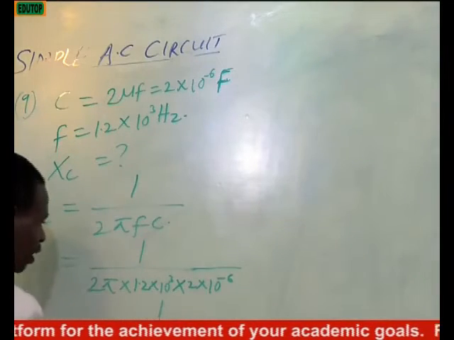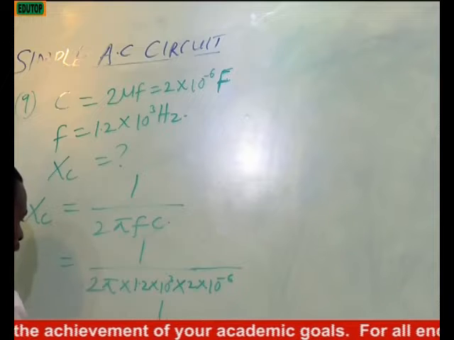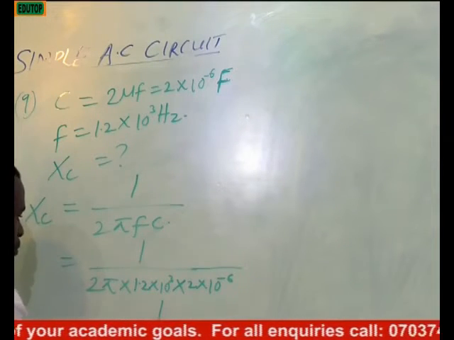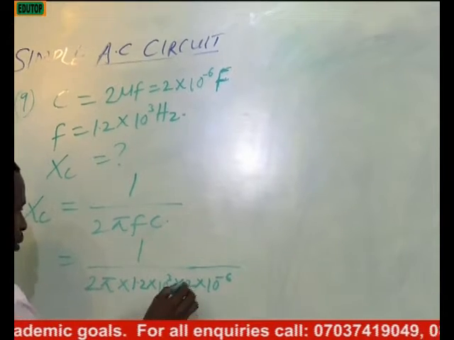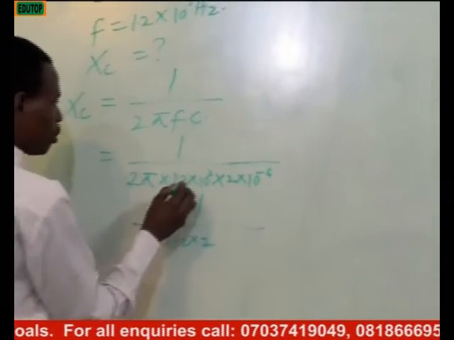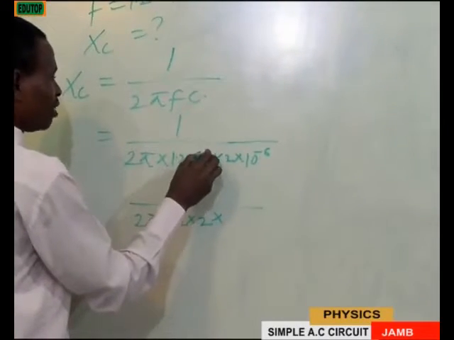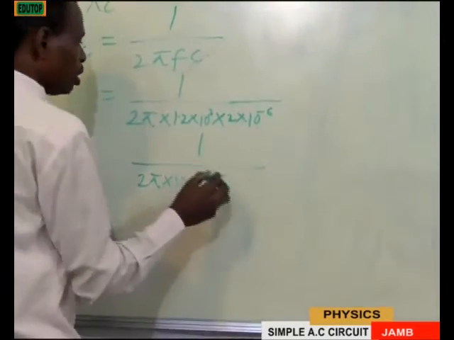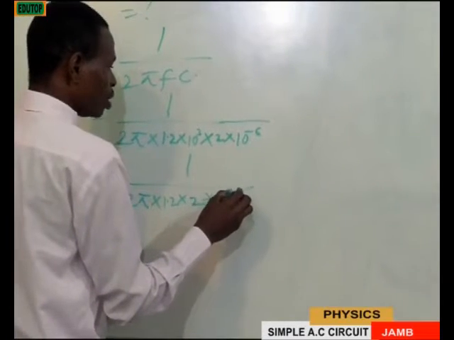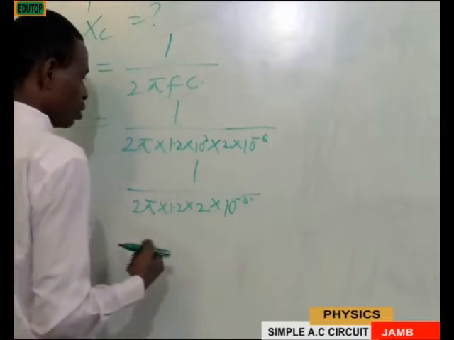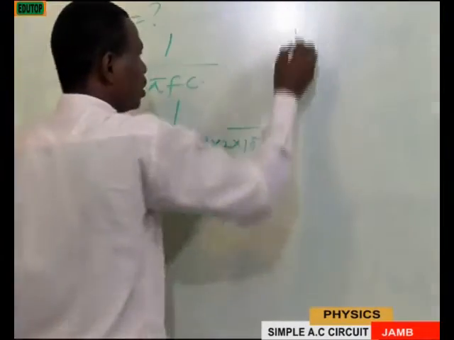This is 1 divided by 2 pi times 1.2 times 2 together, then 10⁻³ times 10⁻⁶ will give us 10⁻⁹, because 3 plus 6 gives us 9.